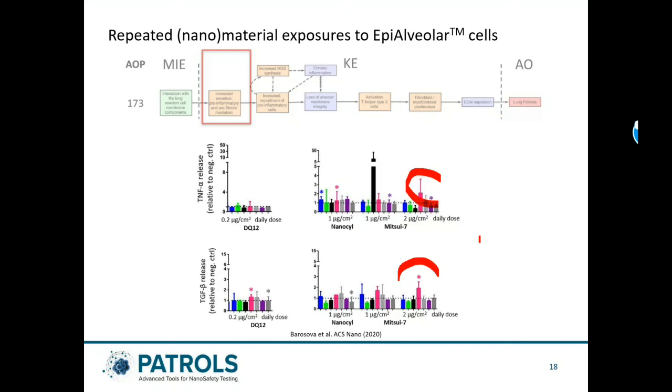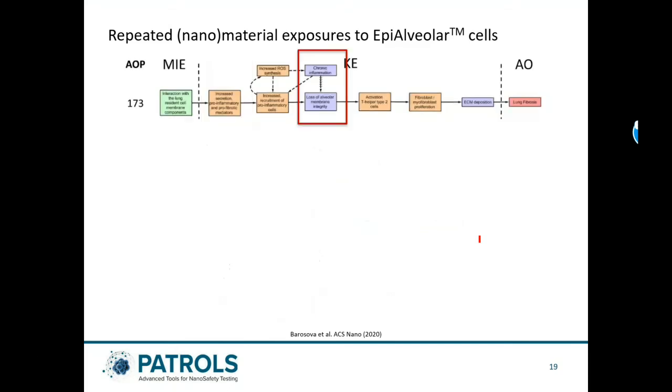We saw significances, but it was not as high as expected. This is also in agreement with what Tobias said, that macrophages might be able to counteract with anti-inflammatory cytokines. This is something we still need to investigate a little bit more.